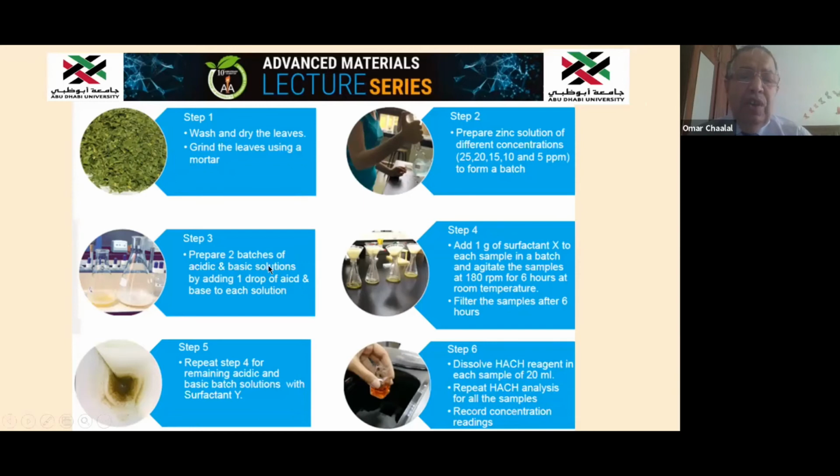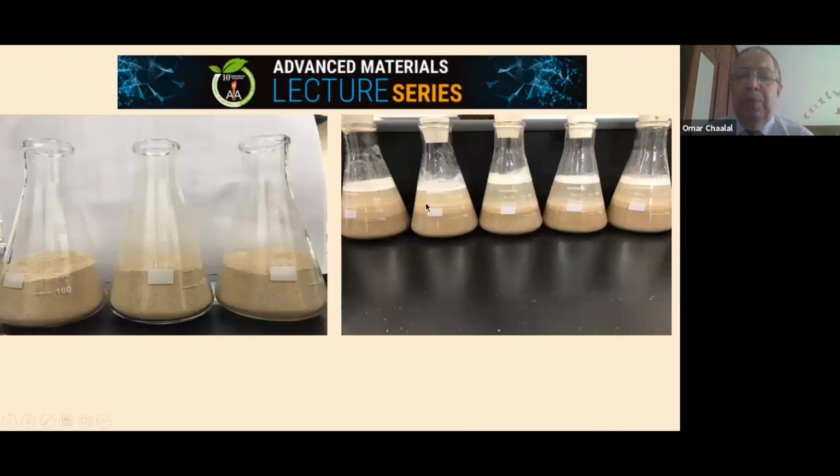So we put 2 or 3 drops of acid here, and a base here, to see the effect of pH. And then we repeat. This is our main, and then we put them in flasks. This is my students doing it.